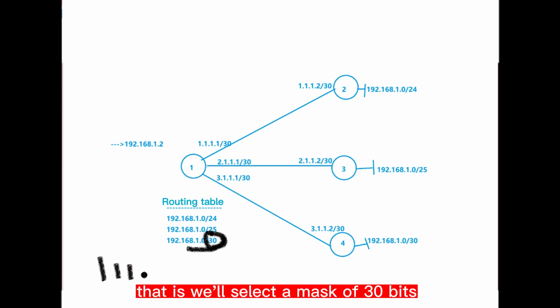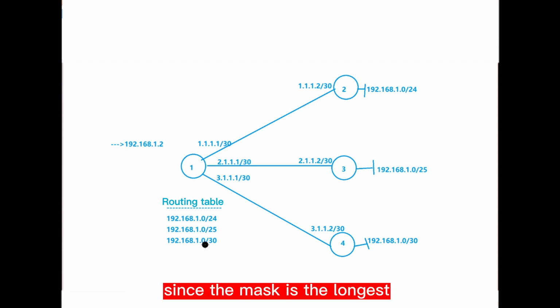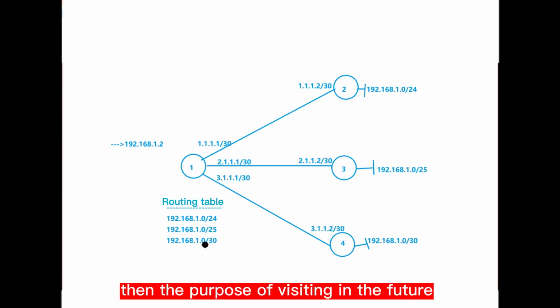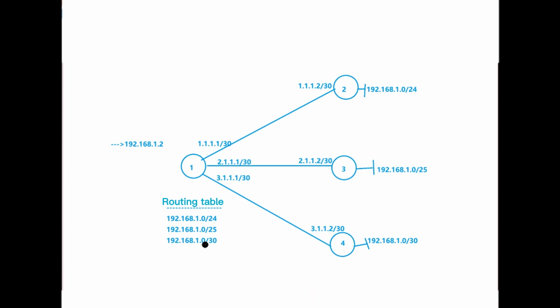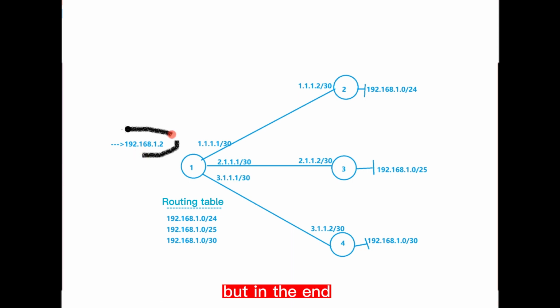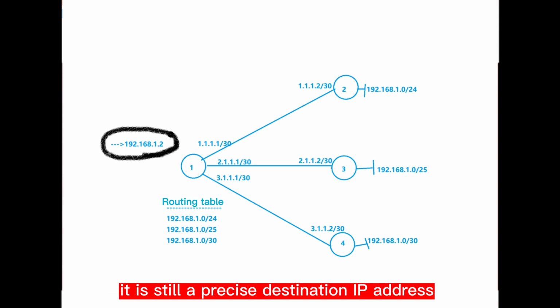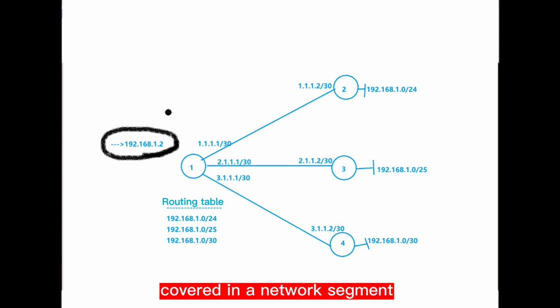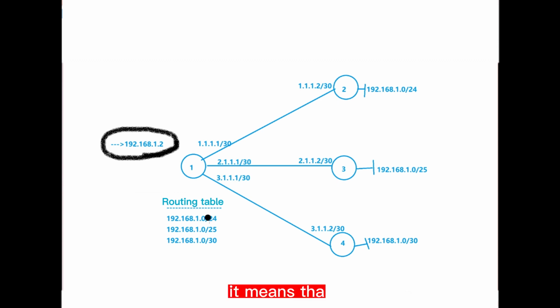That is, we'll select the mask of 30 bits. Since the mask is the longest, it represents a longer network part and fewer hosts. Then the purpose of visiting in the future, although it is a destination network segment, is in the end still a precise destination IP address. The fewer IP addresses covered in a network segment, the more accurate the network segment is.